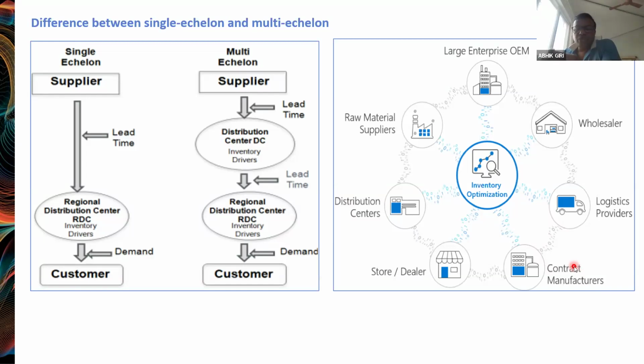So you outsource that to contract manufacturers who would do it at much lower cost. And then you have stores or dealers, distribution centers, and also your raw material suppliers. These are some of the typical partners in a multi-echelon problem.